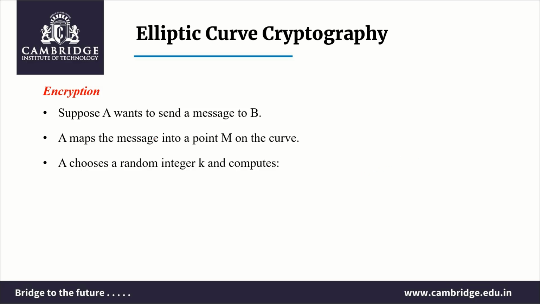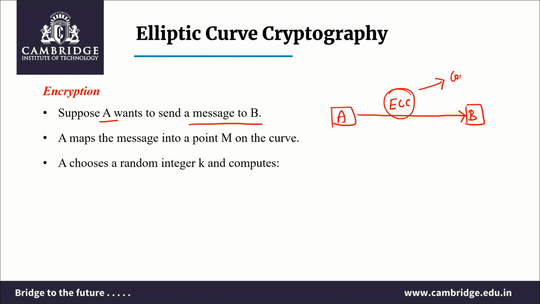So consider A wishing to send a message to B. A wants to send a message to B. We have source A and we have destination B. It is trying to make use of cryptography for sending the message, right? When we are talking about encryption and decryption, we are mainly talking about confidentiality, right?